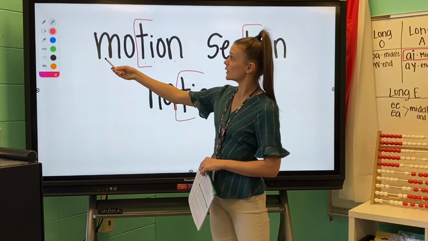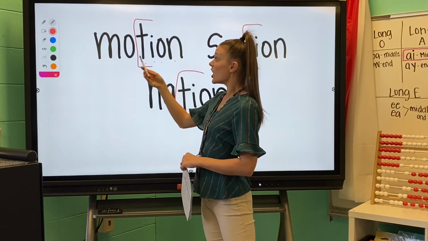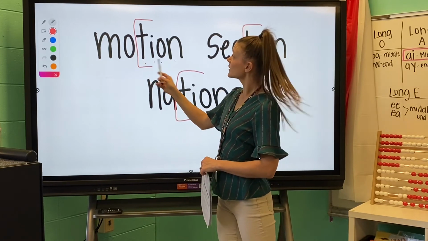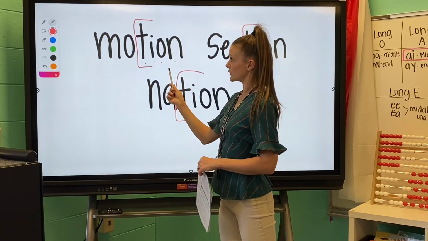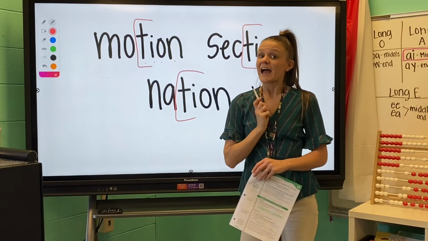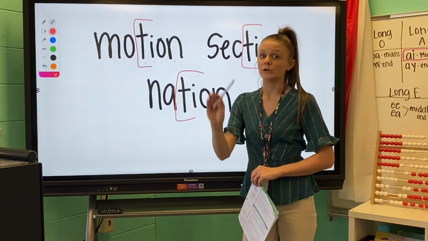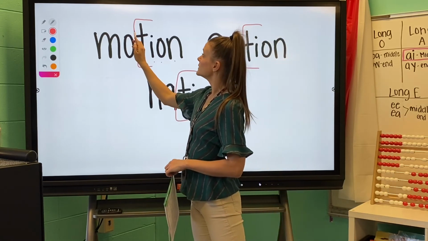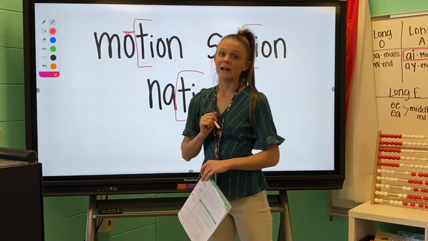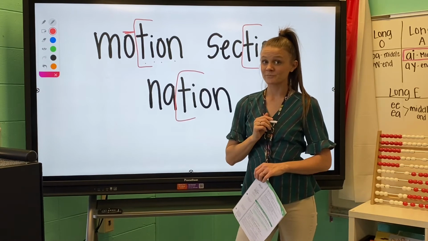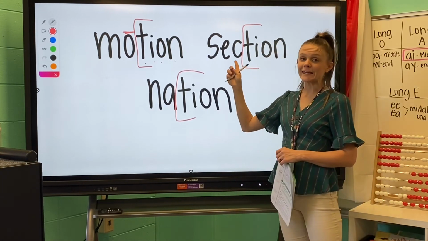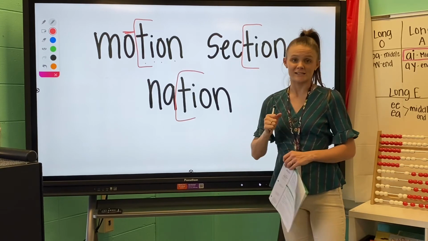Therefore, in this one, motion, our O does have something after it. It has our final stable syllable after it, but that cannot act as a consonant to close the door and make it short. Therefore, our O does not have a door and it's screaming its name. For the word section, our vowel E does have a consonant after it.